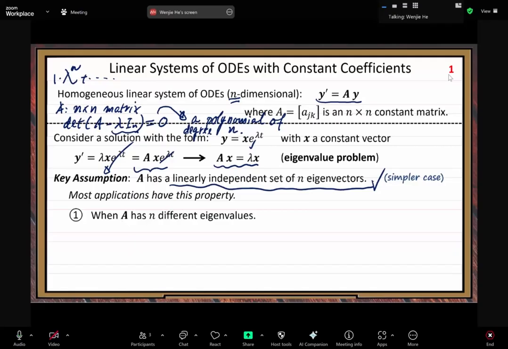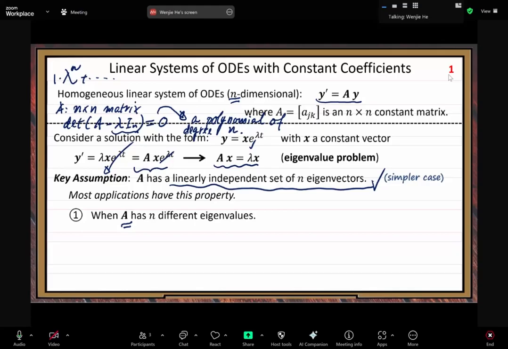Now we know this A matrix has n eigenvalues, right? Because the roots correspond to eigenvalues. So A matrix always has n eigenvalues, but the situation could be complicated because when it has n eigenvalues, some of the eigenvalues could be the same, right?